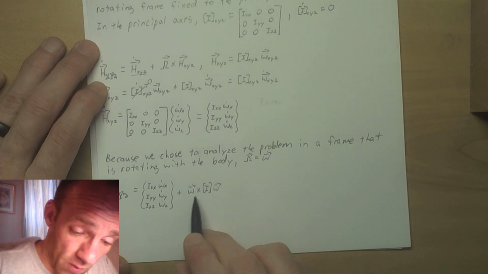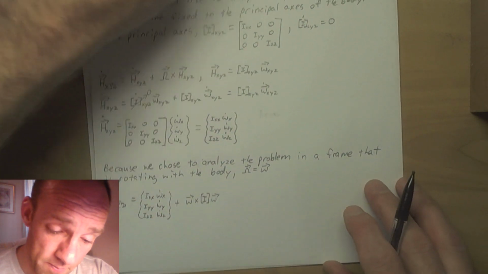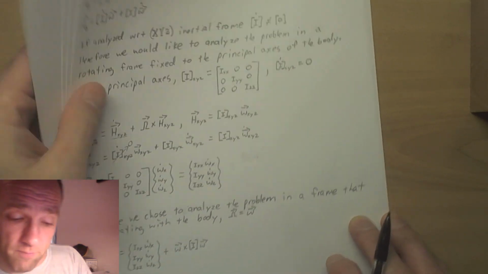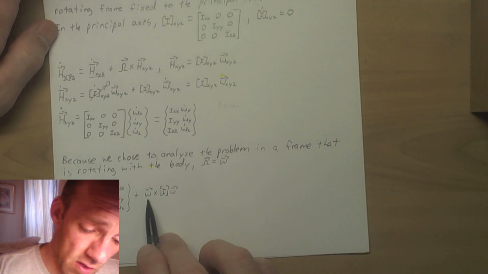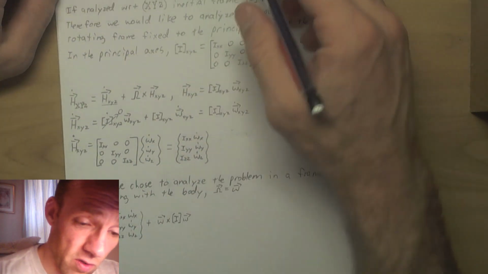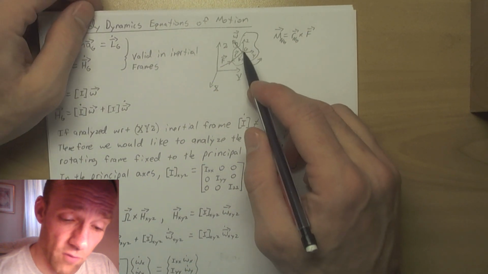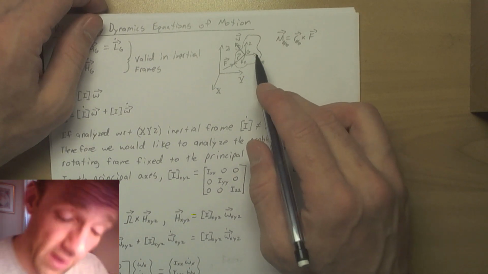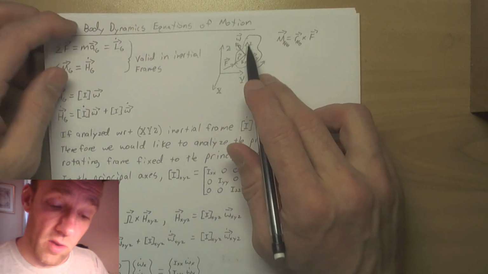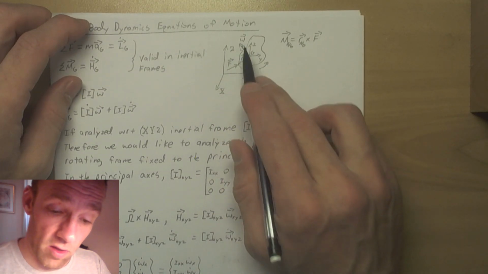And everything on the right hand side is evaluated in terms of the rotating frame. Now, it's kind of hand wavy at first, but just realize that this is a vector, and because the inertial frame and the rotating frame are at this instant aligned with one another, not necessarily coincident, but aligned, the X and the X, the Y and the Y, and the Z and the Z are aligned.